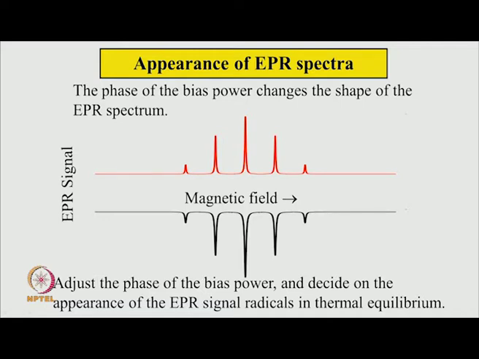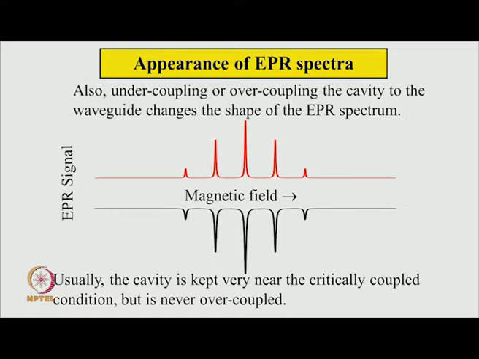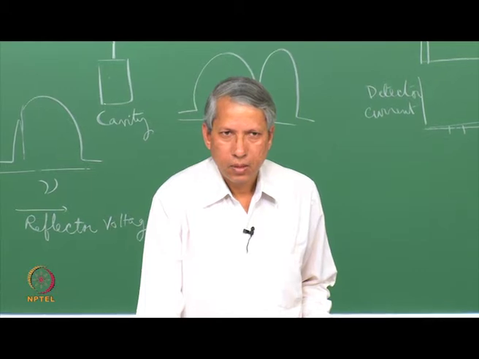But the appearance will depend on the phase of the bias power, but it will also depend on the cavity matching, whether undercoupling or overcoupling. That will also change the phase of the power that comes out from the cavity. So, again the appearance of the signal will depend on whether the cavity is critically coupled, undercoupled or overcoupled.